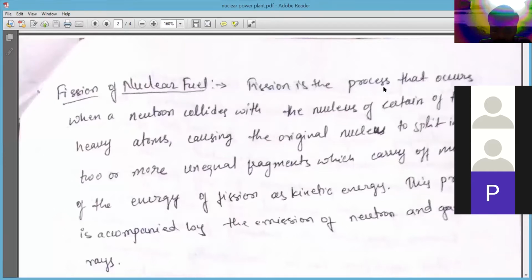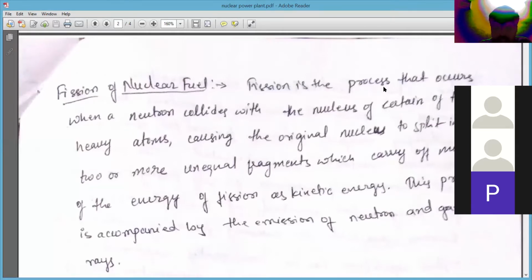When you bombard a nucleus with a neutron, it releases unequal fragments, that is, unequal nuclei, along with neutrons, gamma and beta particles. Those are radioactive elements.